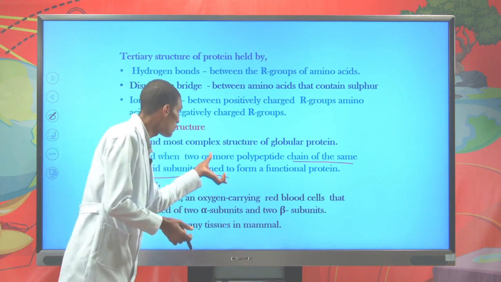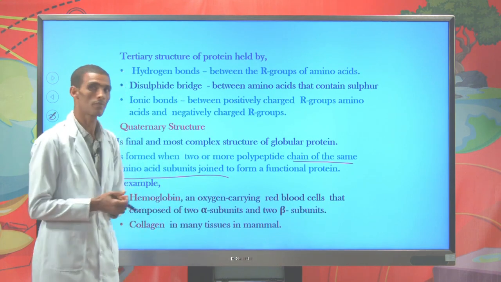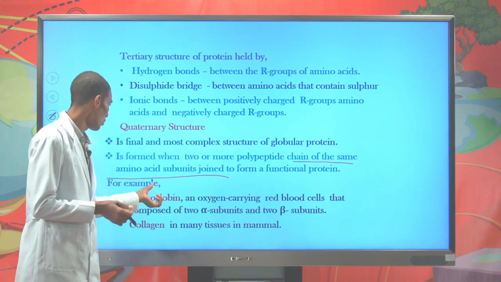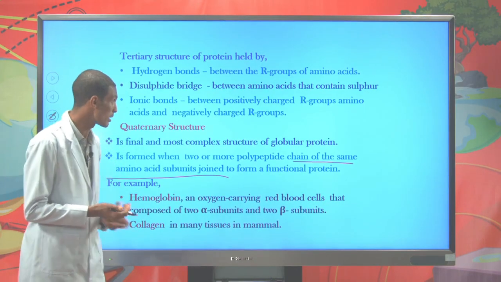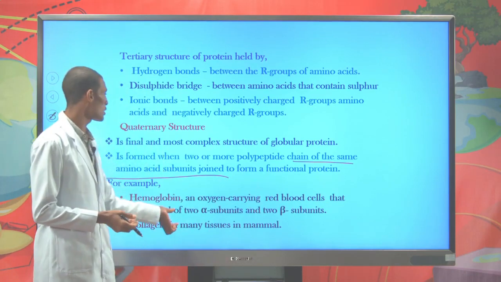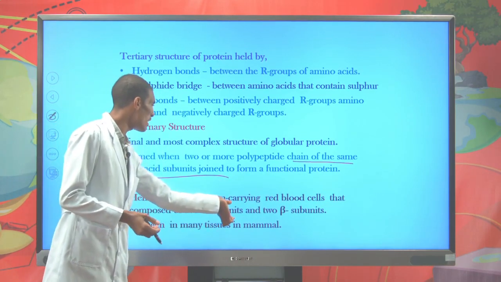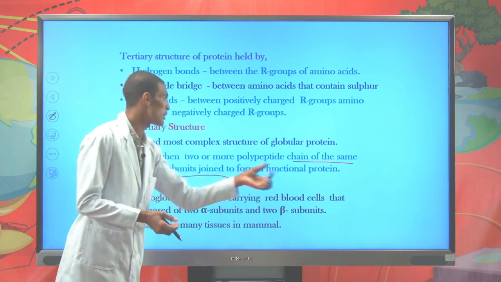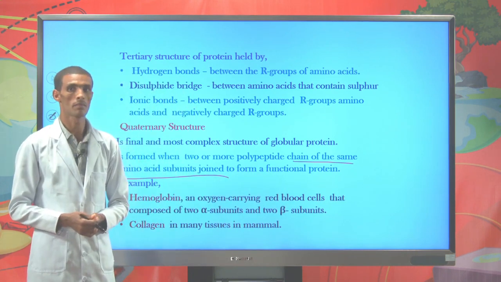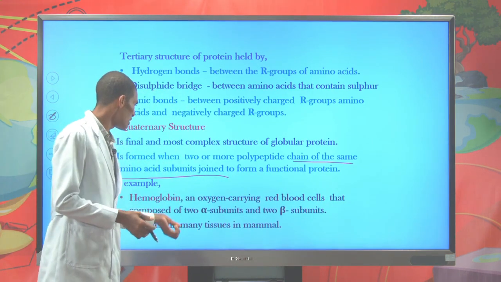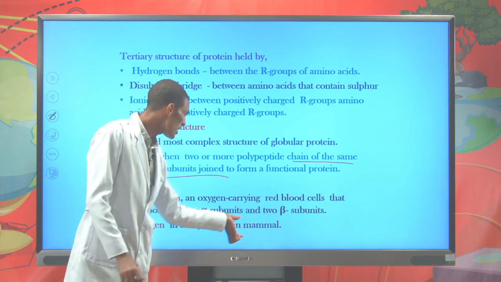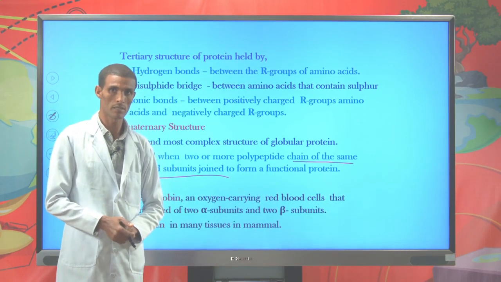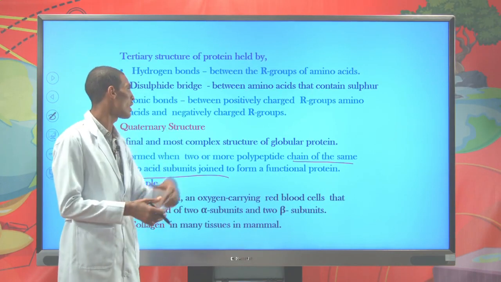So this is a bit more complex than the earlier ones. For example, hemoglobin, an oxygen-carrying pigment in red blood cells, is made of 2 alpha subunits and 2 beta subunits. Collagen, a very important quaternary structure found in the tissue of many mammals, is another example of quaternary structure.